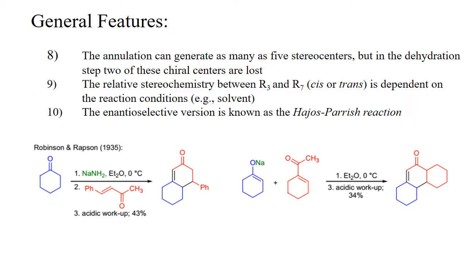Diethyl ether is used as a solvent, followed by acid workup. Then when the sodium enolate of cyclohexanone reacts with alpha beta unsaturated ketone, it gives us a polycyclic fused enone system. This reaction is the modification of the Robinson and Rapson reaction, which was discovered in 1935.